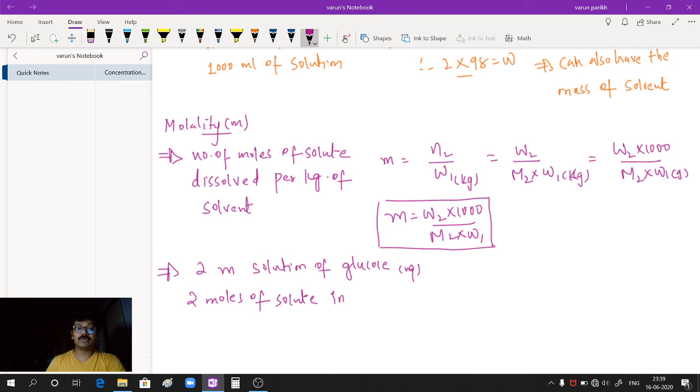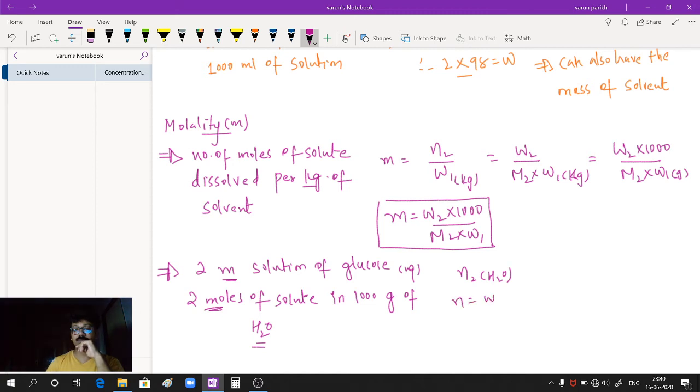It is always present per kilogram, and a kilogram is 1000 gram of water. If I have the mass of solvent, I can also find the number of moles of water.